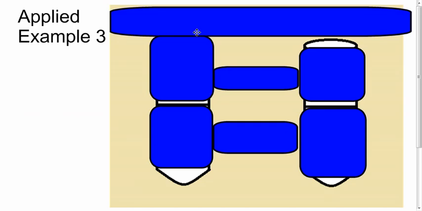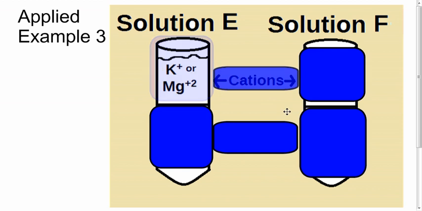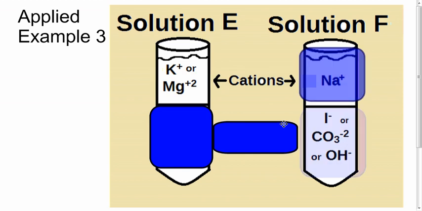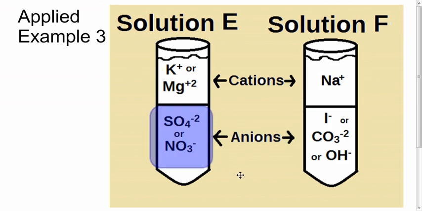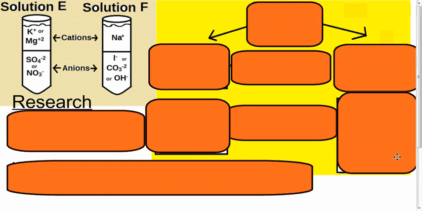Now here's a third example. Here we've got two potential cations and two potential anions. So I'm going to do my research. Sodium is very soluble, as is nitrate. Potassium is another highly soluble one.